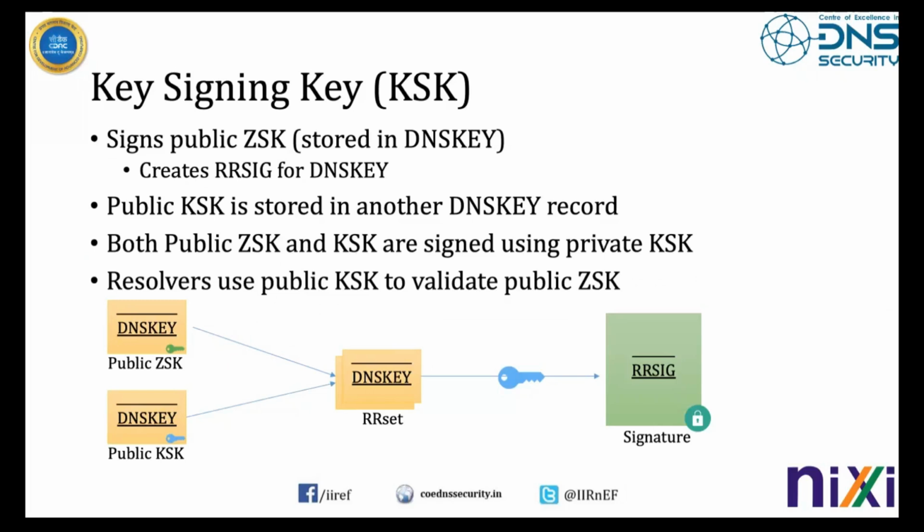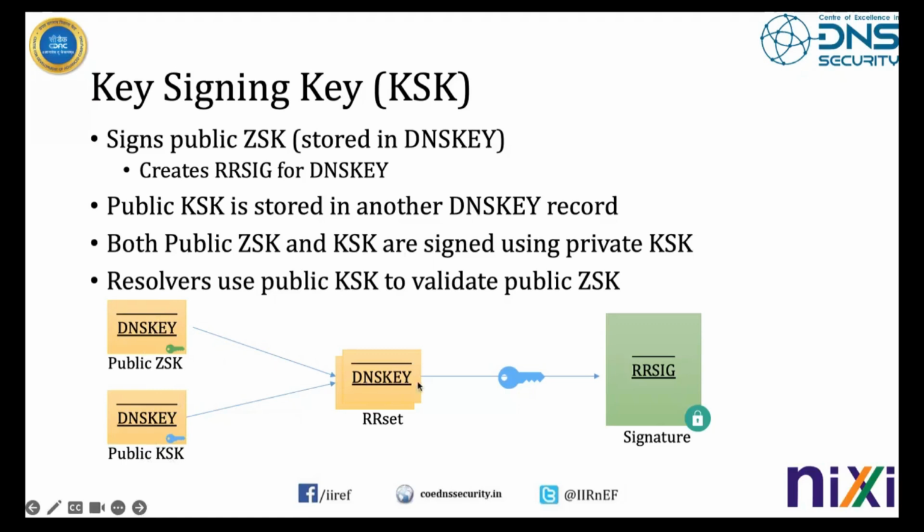So how does it work? The zone signing key will sign the zone, and then whatever DNS key is there for the zone signing key, that will be signed by the key signing key. So you can see here in the example that the public zone signing key is there and the public key signing key is there.